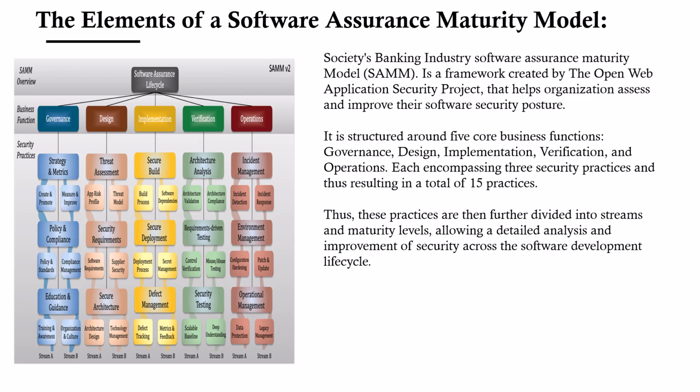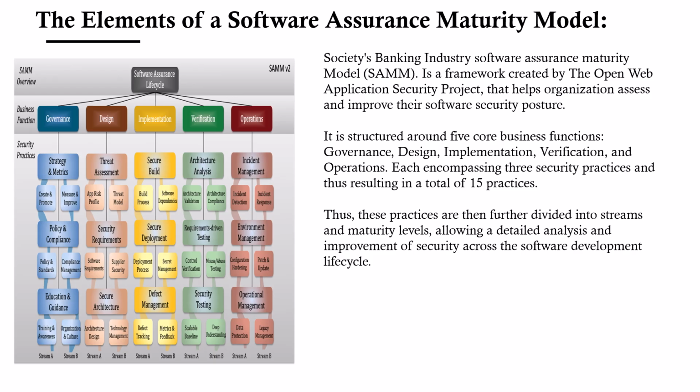Next, we got the elements of a software assurance maturity model. So, the OWASP software assurance maturity model, SAMM, is a framework created by the Open Web Application Security Project that helps organizations assess and improve their software security posture. It is structured around five core business functions: governance, design, implementation, verification, and operations.